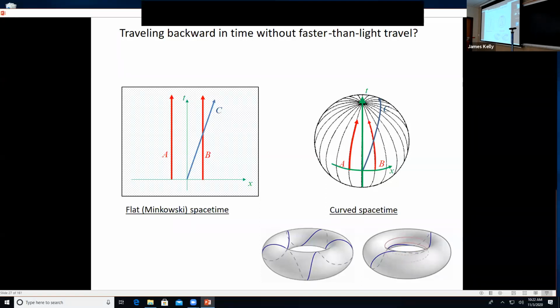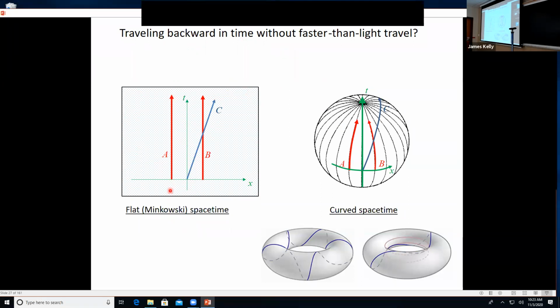So what about traveling backwards in time? Well, of course, there are all sorts of problems associated with that, like killing your grandmother before your mother was born or something like that. Then how did I get here? At least in the picture of flat space-time that we developed at the very beginning, Minkowski space-time, it doesn't seem like there's an obvious way to do that, in the sense that once time goes on for this person, how would I ever get something to end up at a previous time?